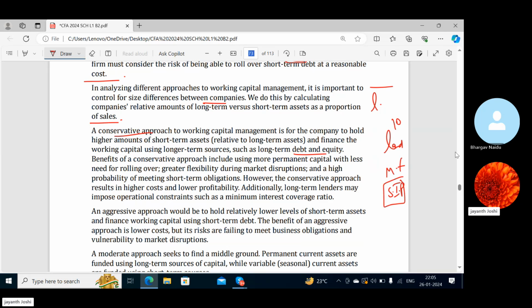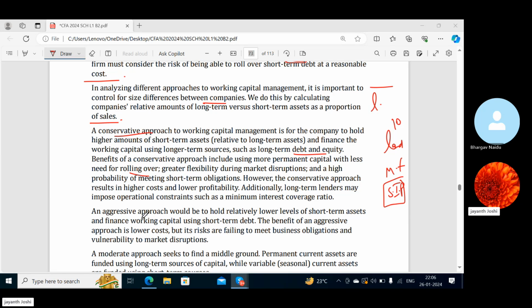Now, benefits of the conservative approach include some permanent working capital with less need for rolling over. See, what is the benefit of the conservative approach? As you're holding more short-term assets, and you want to finance your working capital with long-term sources like debt and equity, you are looking for some permanent capital.